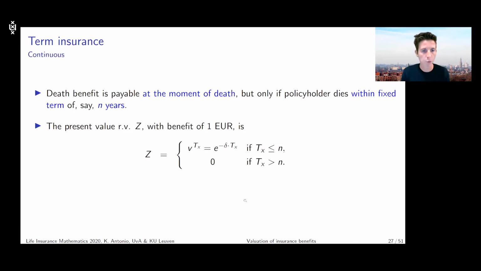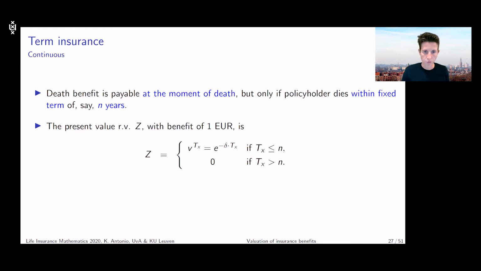So the present value random variable will then take the value of 0, right? So the difference here is just the limitation in the duration of the contract. Tx cannot just take any positive value. Tx should be less than or equal to n if the insurance benefit of €1 is to be paid at the moment of death.